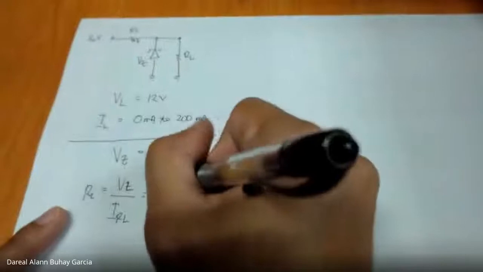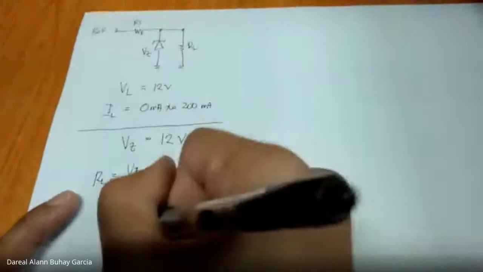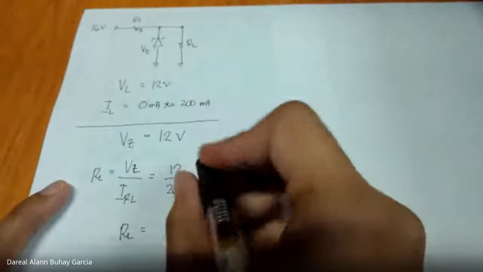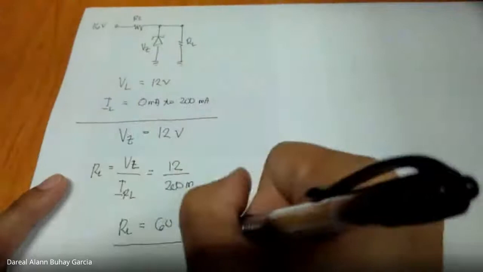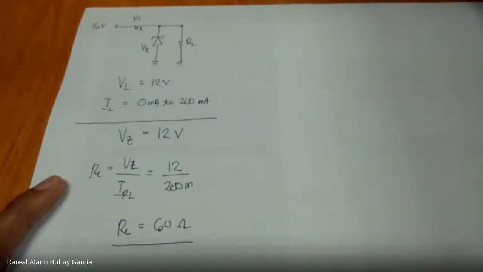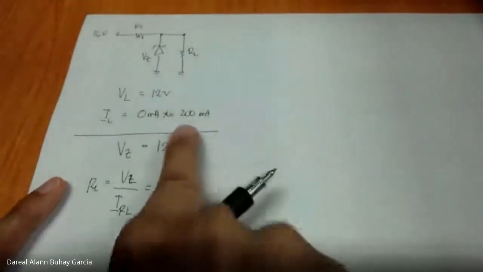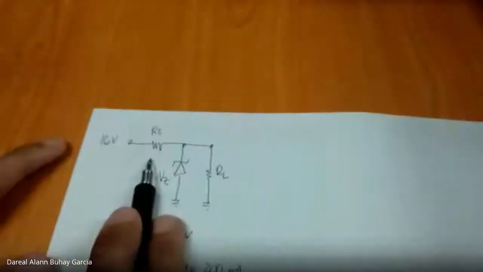So 12 over 200 milli, 60 ohms. 60 ohms ang atong RL, or at least ang maximum value para taman 200 milliamperes ang current. So 60 ohms.